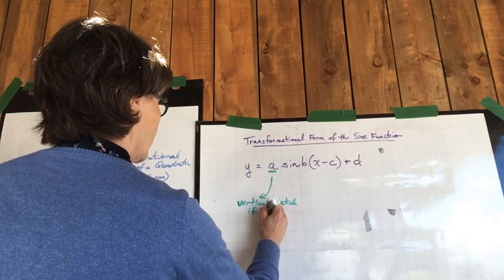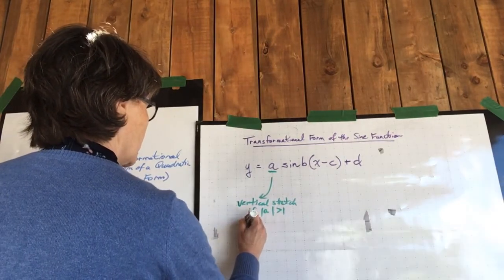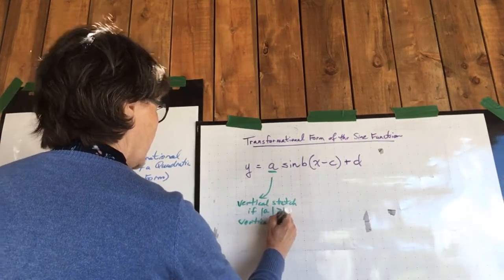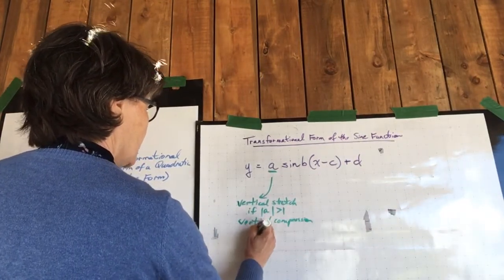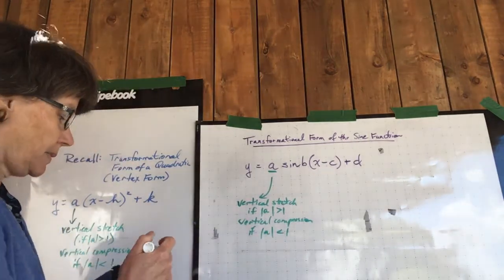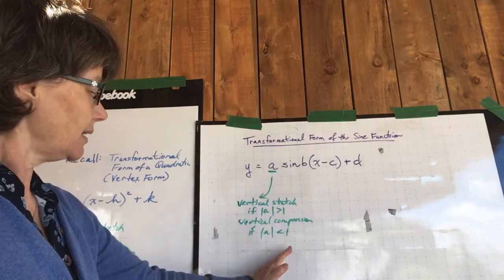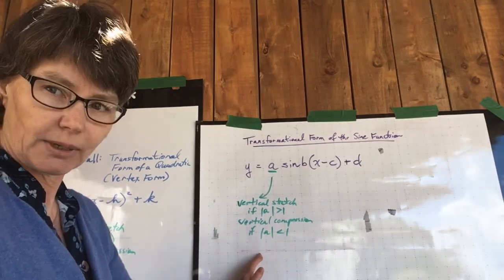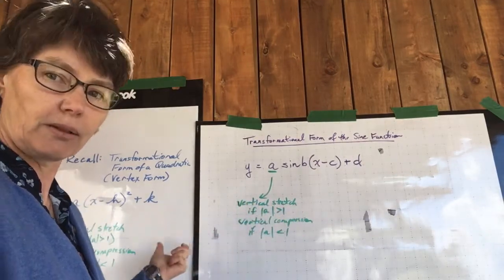Vertical stretch if the absolute value of a is greater than 1, and vertical compression if the absolute value of a is less than 1, so in between 0 and 1 on the positive side, or in between -1 and 0 on the negative side. Vertical stretch if bigger than 1 or smaller than -1.